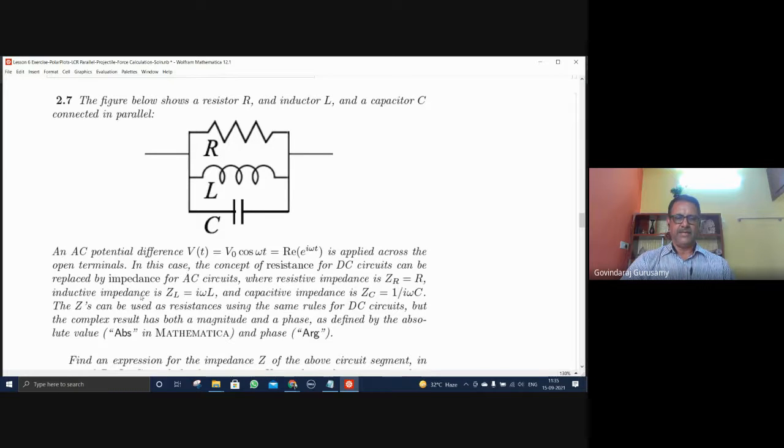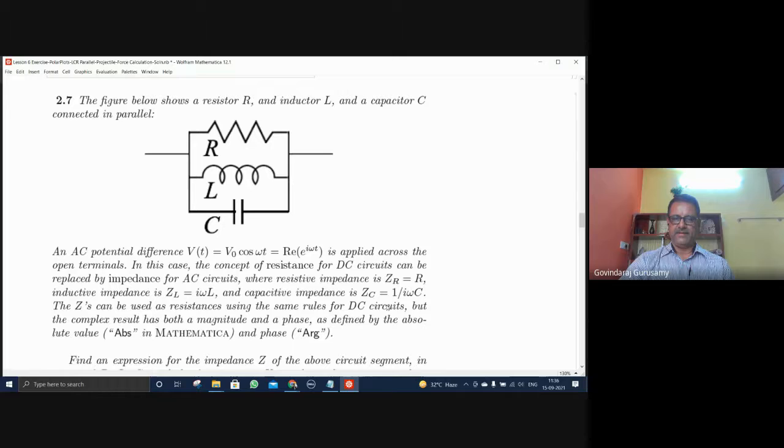Now it is replaced by an AC source. When you have an AC, you don't call it a resistance, we call it an impedance for an AC circuit, because phase automatically enters through the capacitance and through the inductance. A 90-degree phase is sitting here. This is 90 degrees with respect to the current and the voltage.